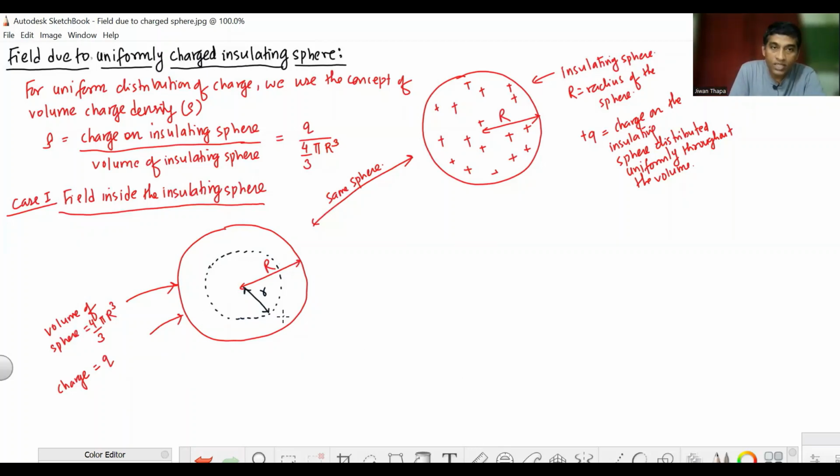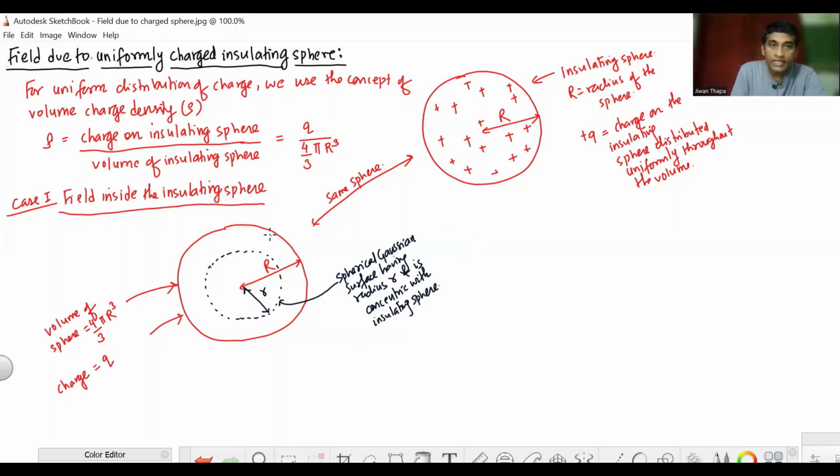So this is the spherical Gaussian surface having radius r, and it is concentric with the insulating sphere.